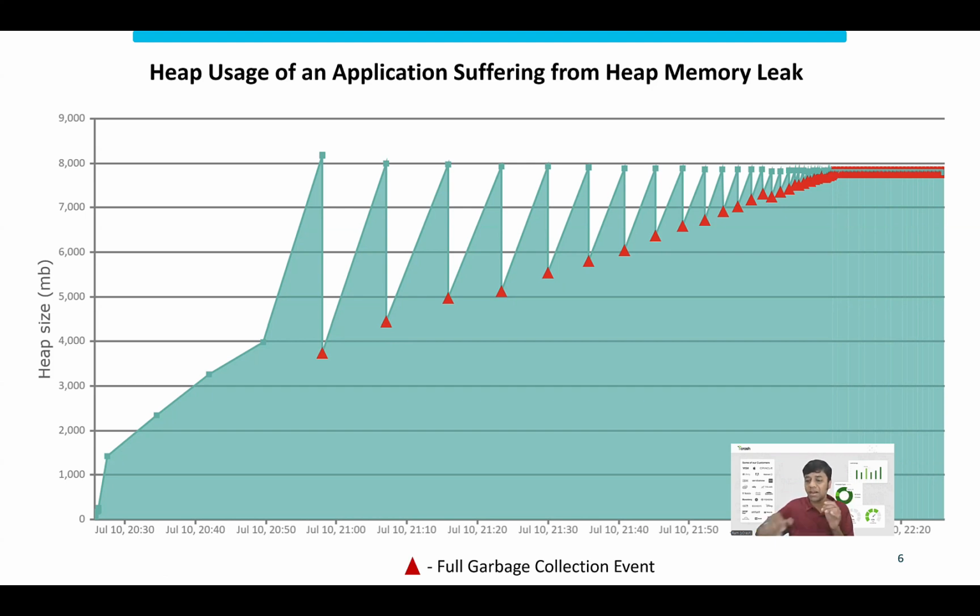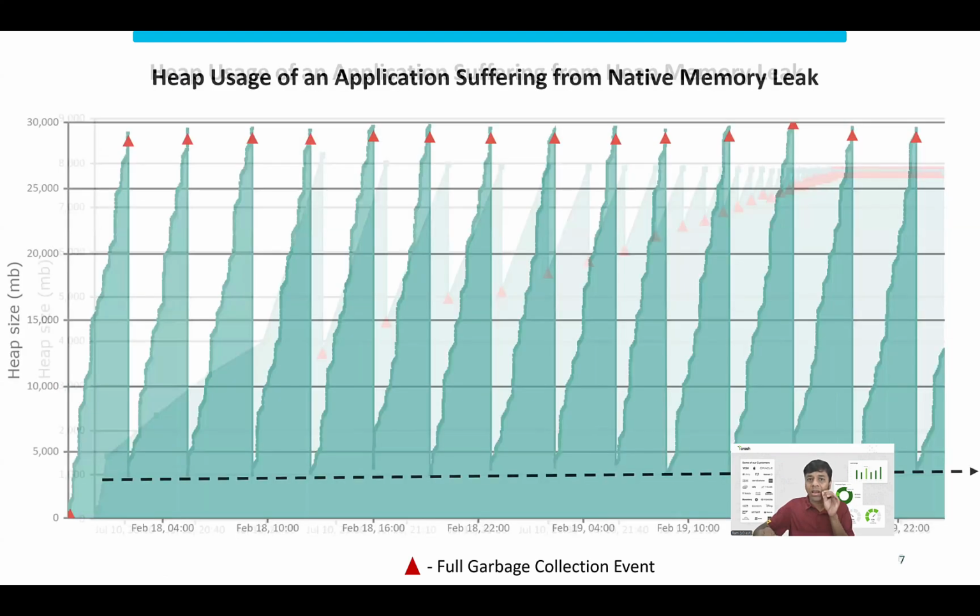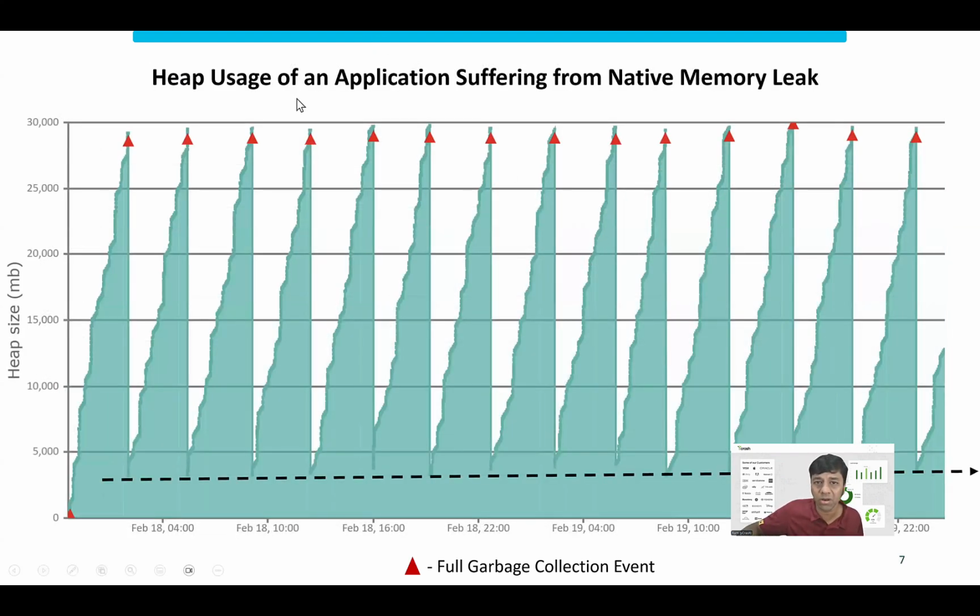But now, this is how the heap usage will look for an application suffering from a native memory leak. Very important, native memory leak, because see, the leak is happening in the native memory. Now, if you look at the heap memory, it's going to look very normal. Look at this, it's looking very healthy. You see, it's going up and a full garbage collection ran, it dropped. Going up and dropping.